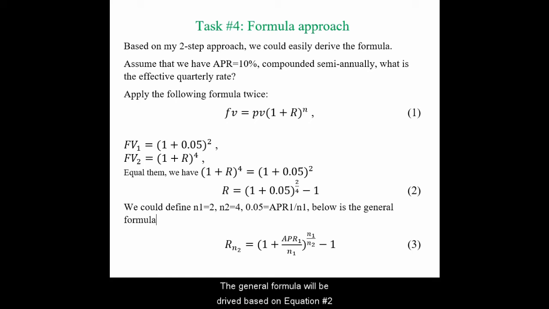The general formula will be based on equation number 2, where N1 equals 2, N2 equals 4, and 5% equals APR1 divided by N1. Equation number 3 will be our general formula to convert effective rates.